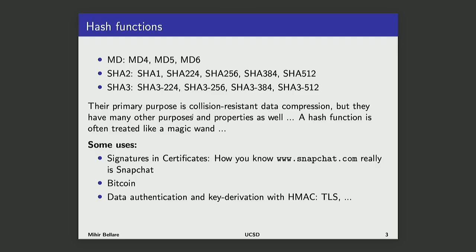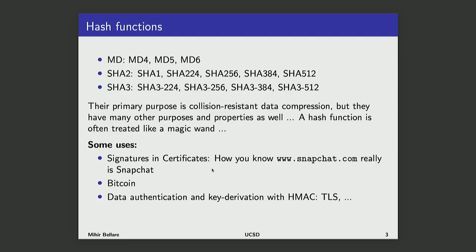Where do we see these employed? Probably the primary place is in certificates. So whenever you go to a website, the server authenticates itself by sending you a certificate, which has a signature which ties its public key to its name. And hash functions are used to produce those signatures.